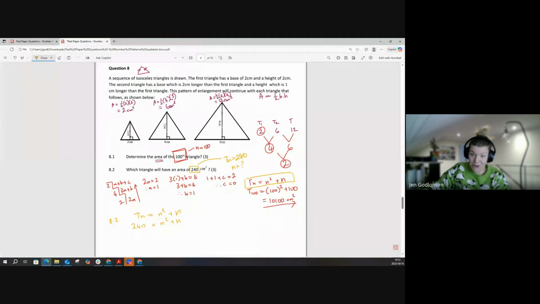It's a trinomial, so I'm going to move everything to one side and make it equal to 0. And then I'm going to factorize. And I'm going to have n plus 16, n minus 15, which means that n is equal to negative 16 or n is equal to 15. And remember, patterns can't have a negative n, which means n is going to be 15. So therefore, triangle 15.